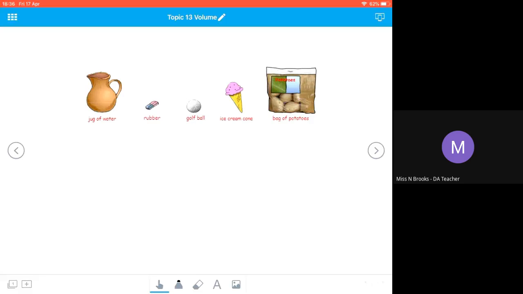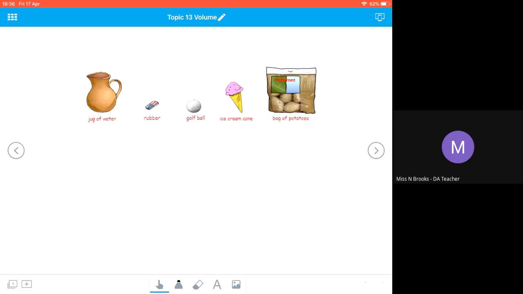So now we want to put these shapes in order, starting with the one which is going to take up the most space. So in the last example, the least space was the smallest object. So the one that's going to take up the most space is obviously going to be the largest object. So which one do you think it is?